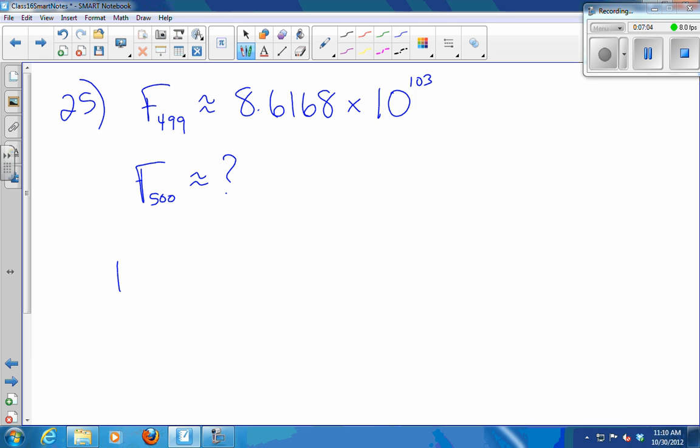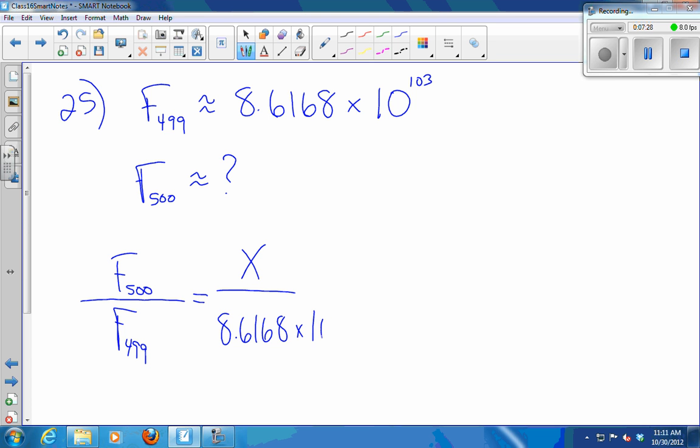So I'm going to do that. I'm going to do F500 divided by the Fibonacci number before it, which is the 499th. So that is going to be F500, I'll call it x. That's what I'm looking for. And then F499 I'm given, it's 8.6168 times 10 to the 103. That should equal 1.61803 over 1.